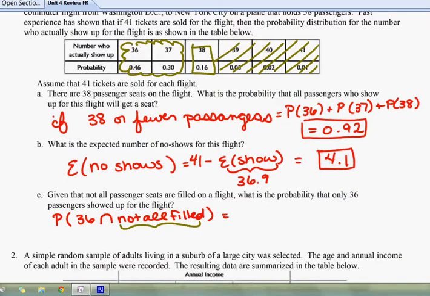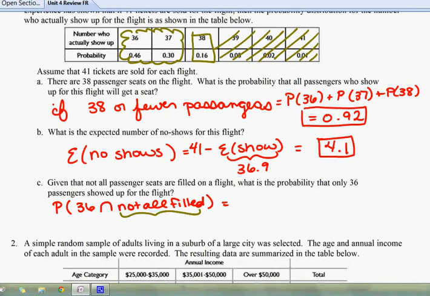So, we can think about it as the probability of both 36 and not all filled, which is basically the probability of 36, so that's 0.46, over the probability that not everybody showed, so those two probabilities added up. So that's going to convert to 0.6053.